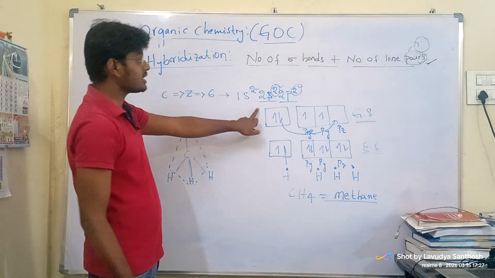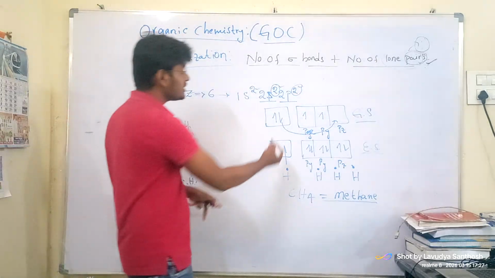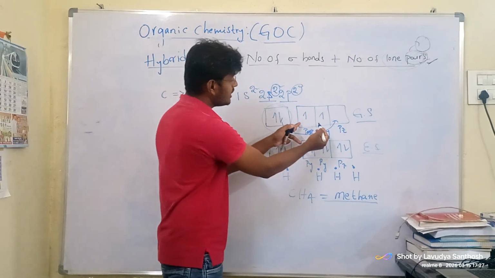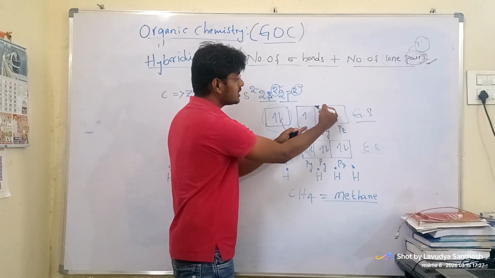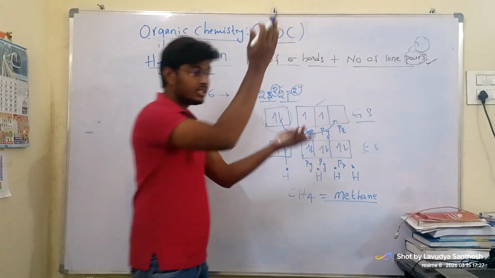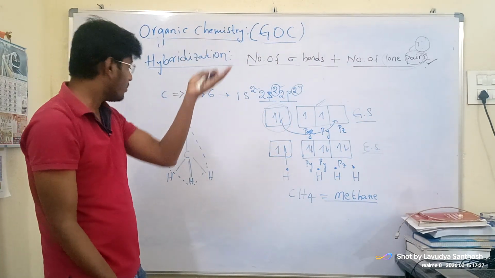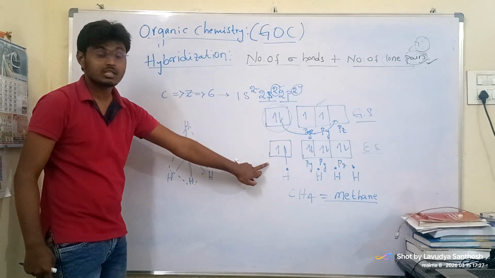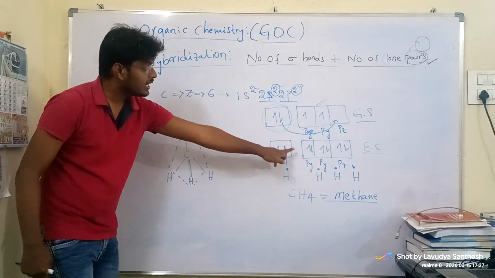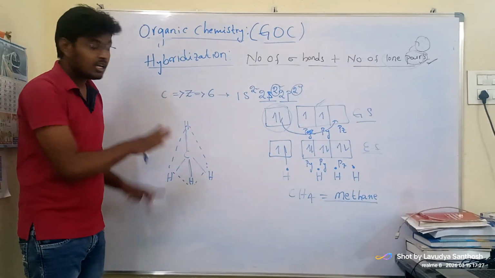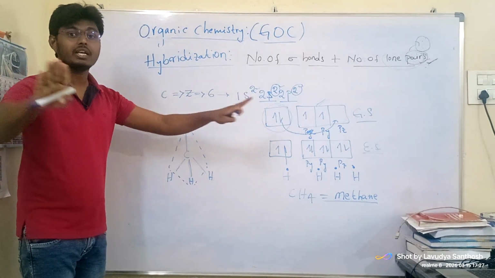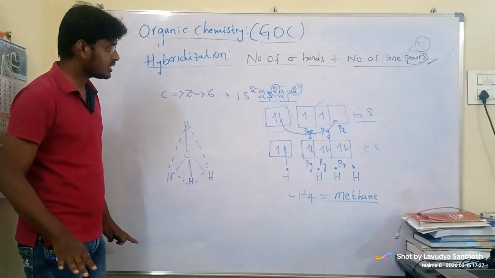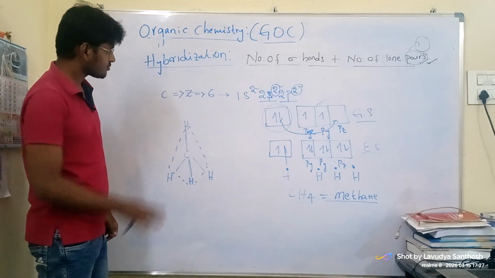In the ground state, it is not equal, because the energy levels of the 2s orbital and 2p orbitals are different; it is imbalanced, unequal. But when it merges with hydrogen in the excited state, its orbitals are at a perfectly equal energy level.